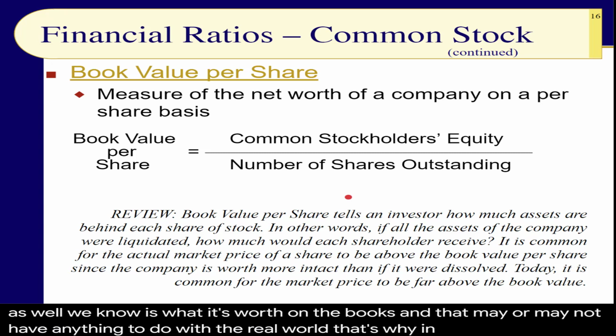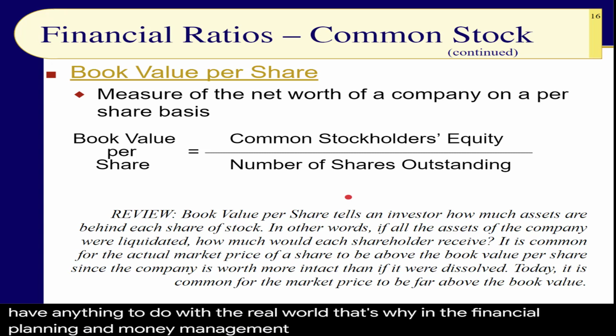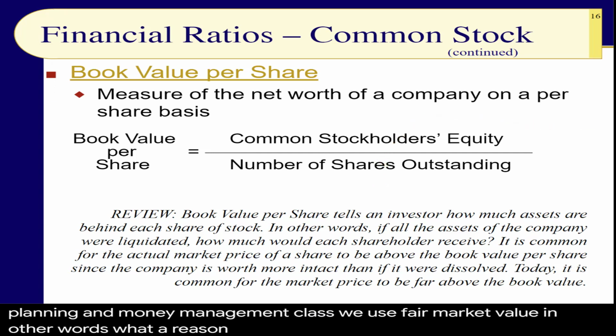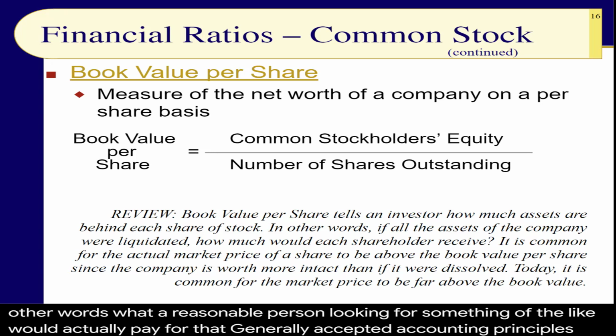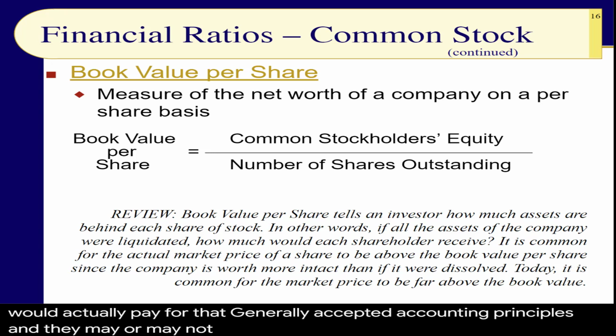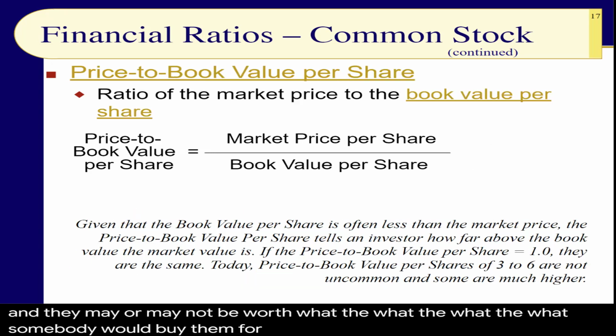That's why in the financial planning and money management class, we use fair market value. In other words, what a reasonable person looking for something of the like would actually pay for that. But not the accountants. No, they use their generally accepted accounting principles, and they may or may not be worth what somebody would buy them for.